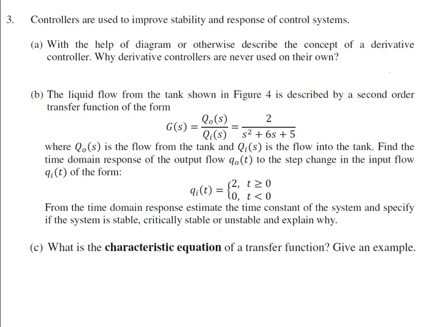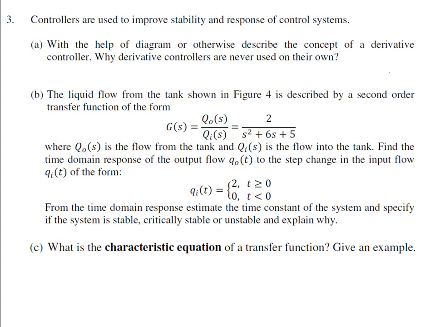Okay, in question 3, it has been asked to explain why derivative controllers are never used on their own. It also gives the transfer function of a system, and asks to find the time response, sketch it, and estimate it based on the given input function.